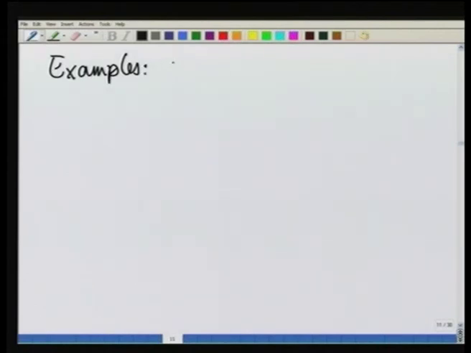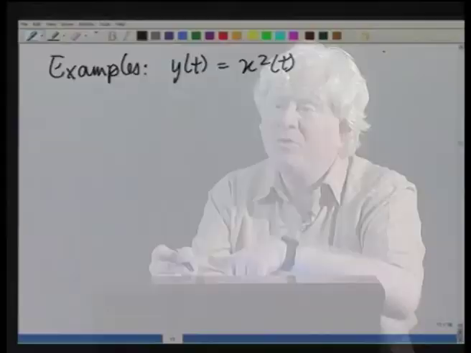What about y t equals x squared t? This is a memoryless system, because to compute y t at any point t naught, you only need to know not the entire input signal x t, but only the value of x t at t naught.